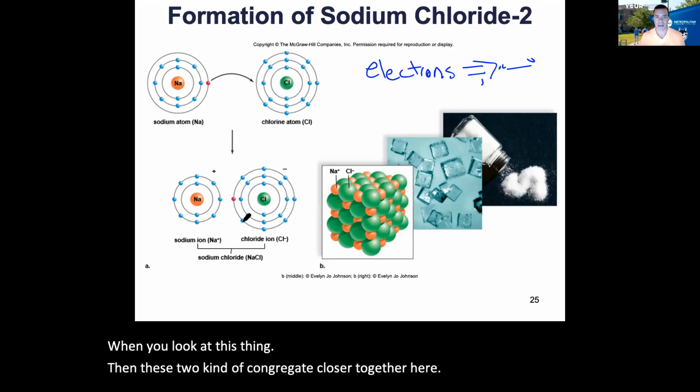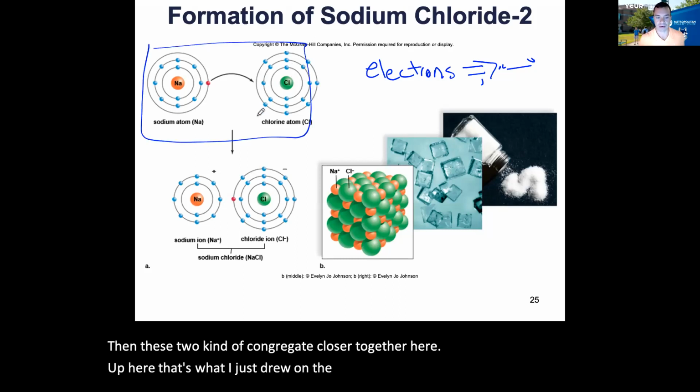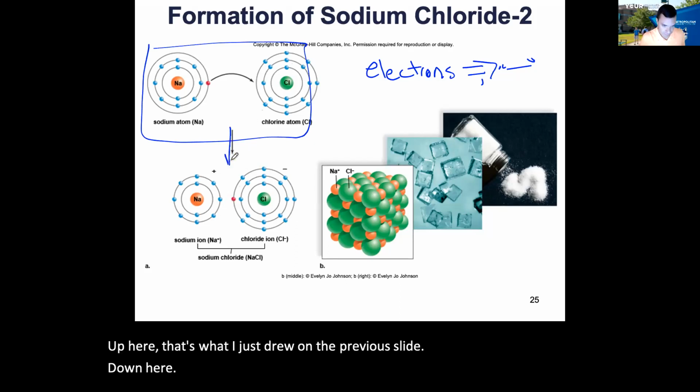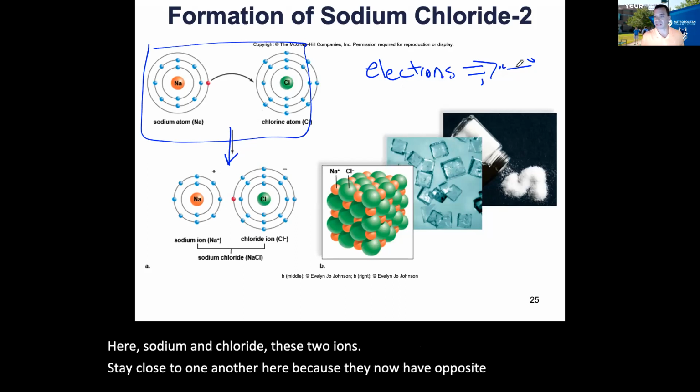Up here, that's what I just drew on the previous slide. Now down here, these two guys stay close together. Opposites attract, right? Likes repel. So here, sodium and chloride, these two ions, stay close to one another because they now have opposite charges, right? Because electrons are negative.